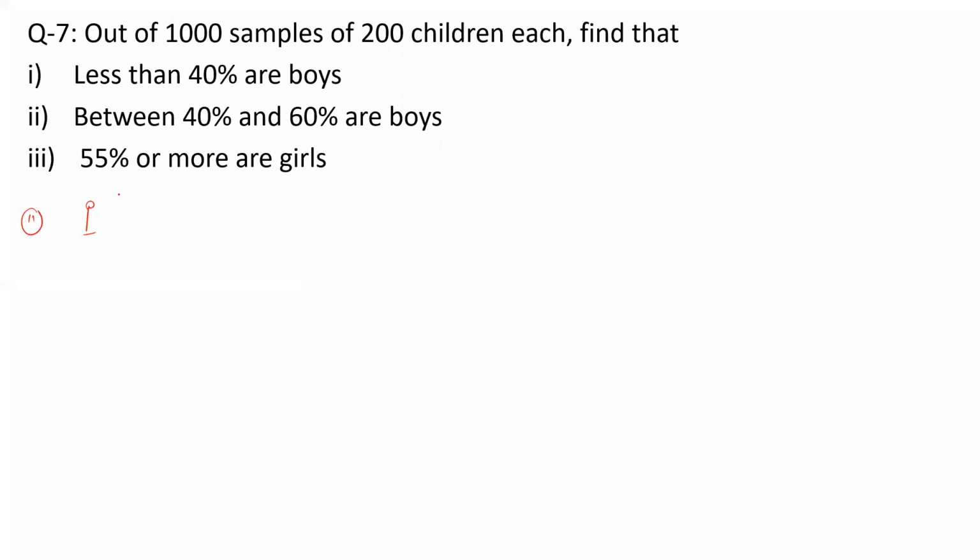Now we have to find the probability of your proportion lying between 0.4 and 0.6. So here we have Z is equal to P minus mu P by sigma P. So when P is equal to 0.4, we have already got the value in the previous case.